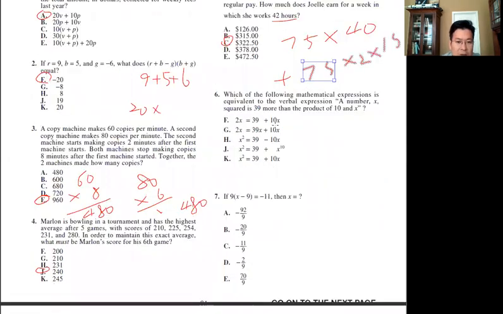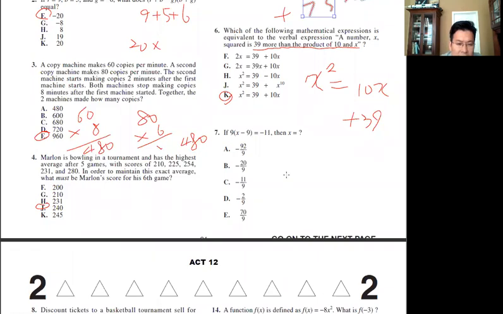Number 6, which statement? A number x squared is equal to 39 more than the product of this one. The product of that is 10x, right? More is plus 39, which is okay.